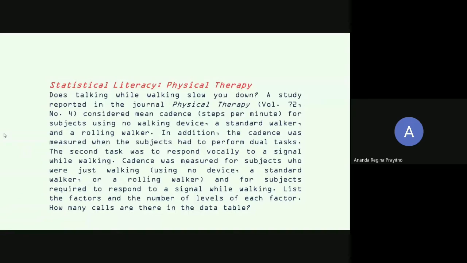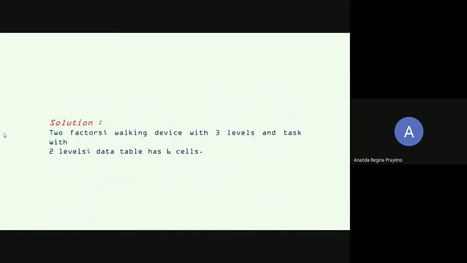The second task was to respond vocally to a signal while walking. Cadence was measured for subjects who were just walking using no device, a standard walker, or a rolling walker, and for subjects required to respond to a signal while walking. List the factors and the number of levels of each factor. How many cells are there in the data table?